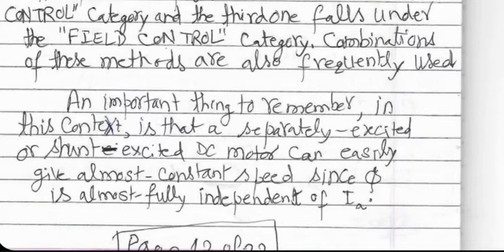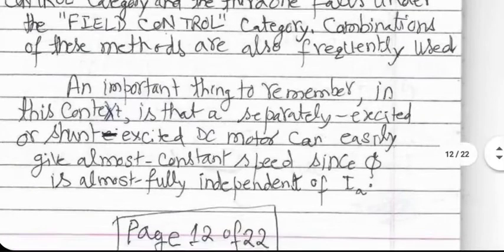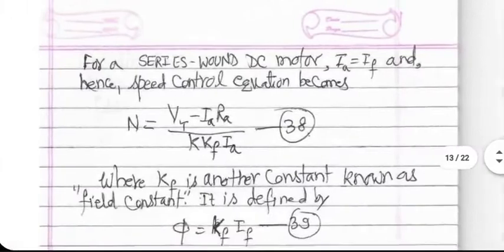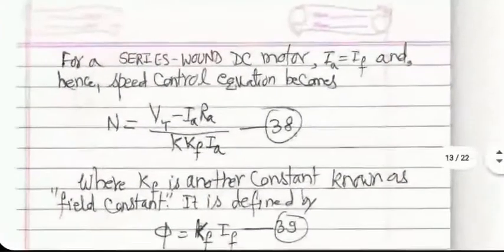So the speed of the motor is almost constant. The changes in load do not affect the speed too much in these cases. For a series excited motor, it's a very different case. Let's look at the series excited motor a little more in detail.